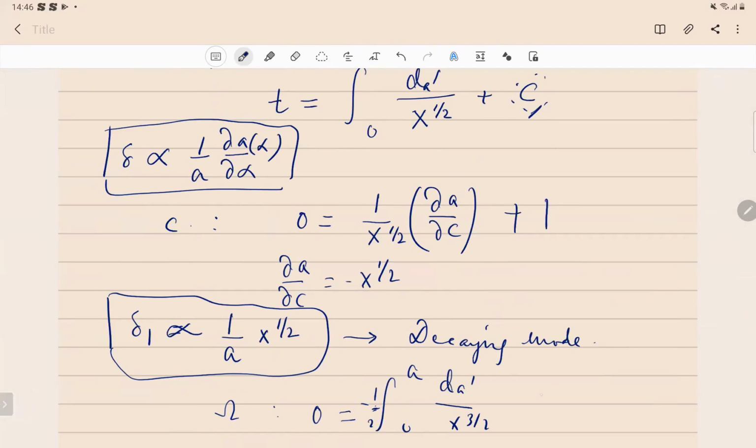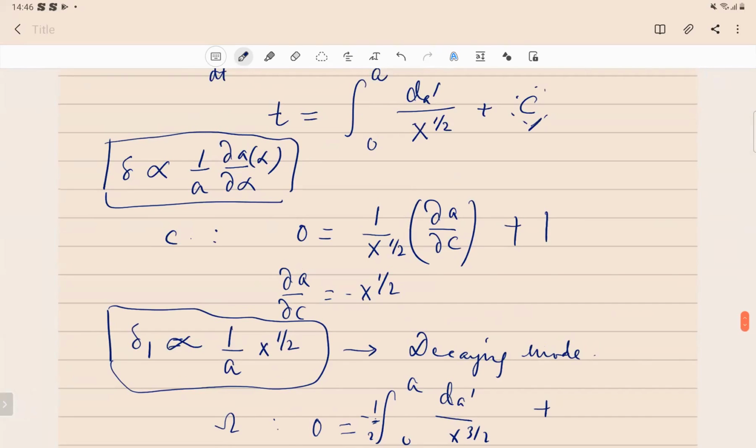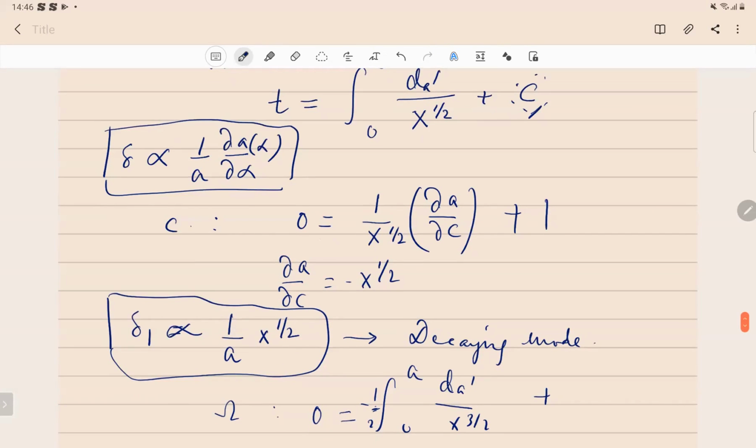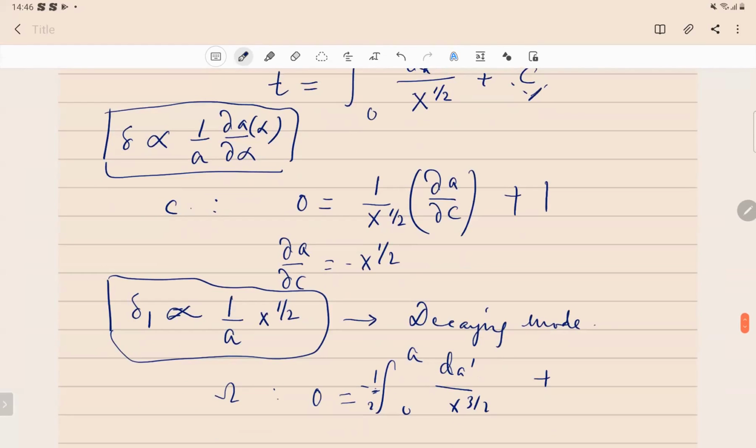And the second term will be plus... this del C will be 0, but there's going to be an integration term that will come from the upper limit of the integral. So you will have the integral, which is 1 by x to the power half integrand, and then del A del omega.